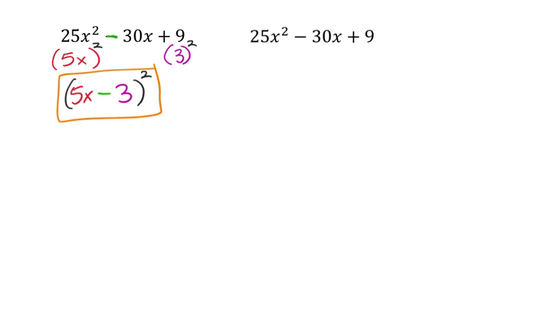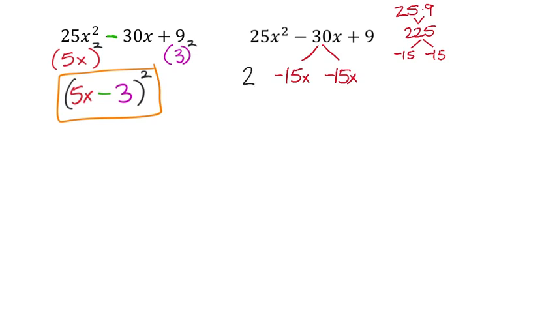So now we would take the leading coefficient 25, and in this case, the constant 9, multiply these together to get 225. Now, skipping a few steps, the two numbers that you would multiply together to get 225 that add up to negative 30 would have been negative 15 and also negative 15. So our negative 30x splits up into negative 15x and also negative 15x.